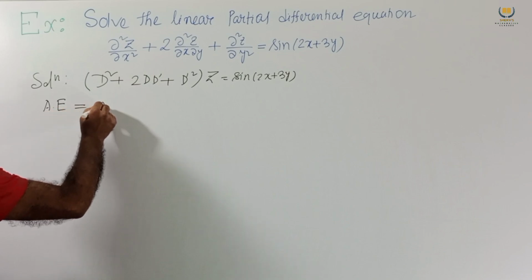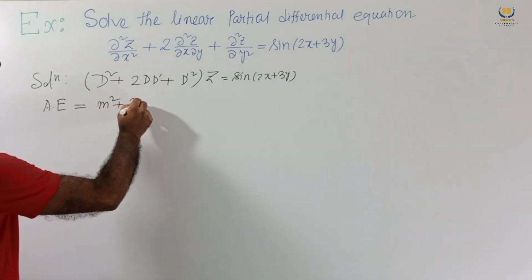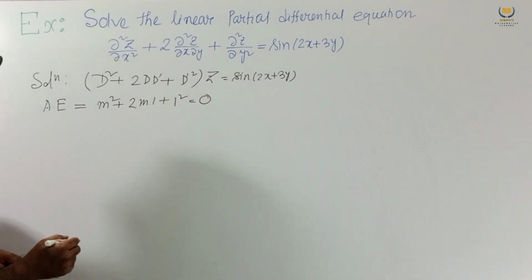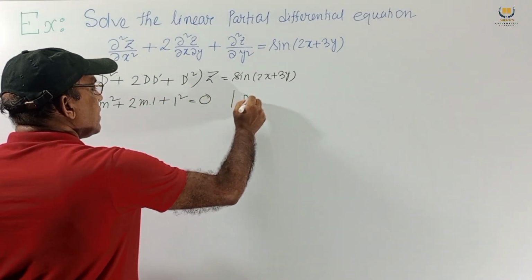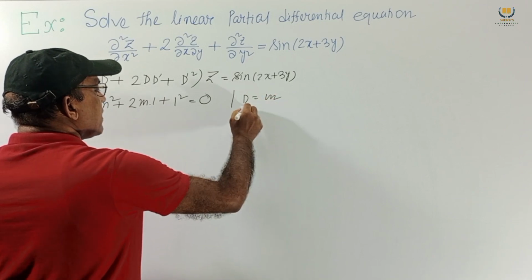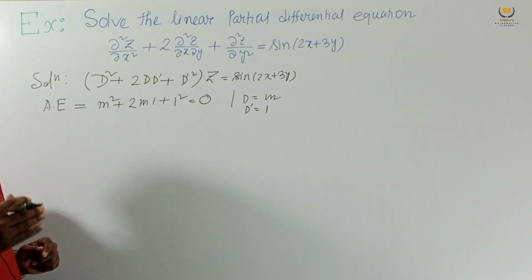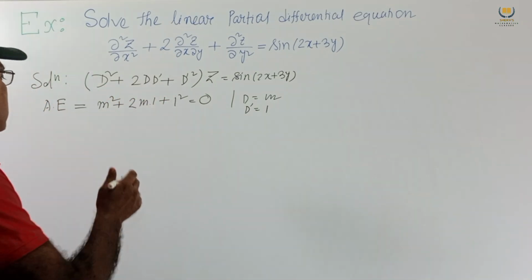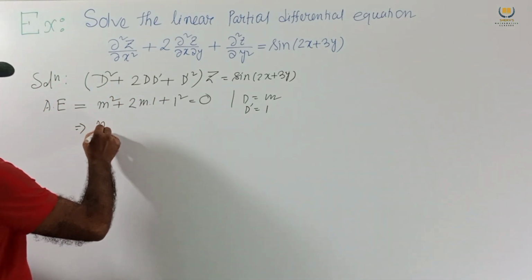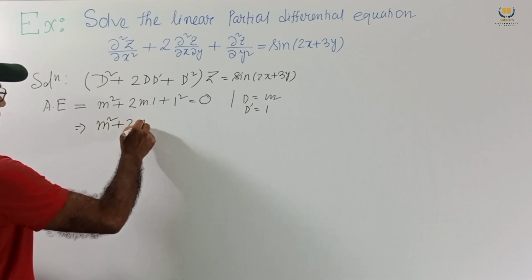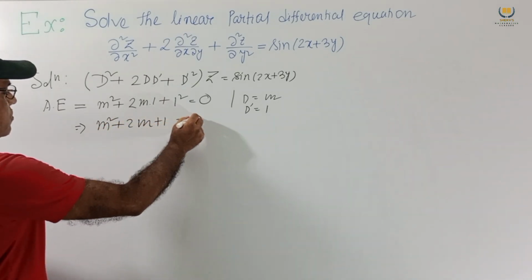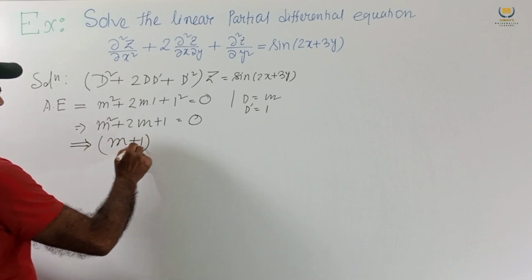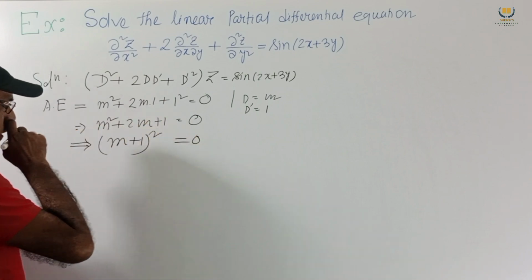Auxiliary equation: m² + 2m·1 + 1² = 0, just putting D equal to m and D' equal to 1. When you have to find the auxiliary equation, you put D equal to m and D' equal to 1. This implies m² + 2m + 1 = 0, that is (m+1)² = 0.